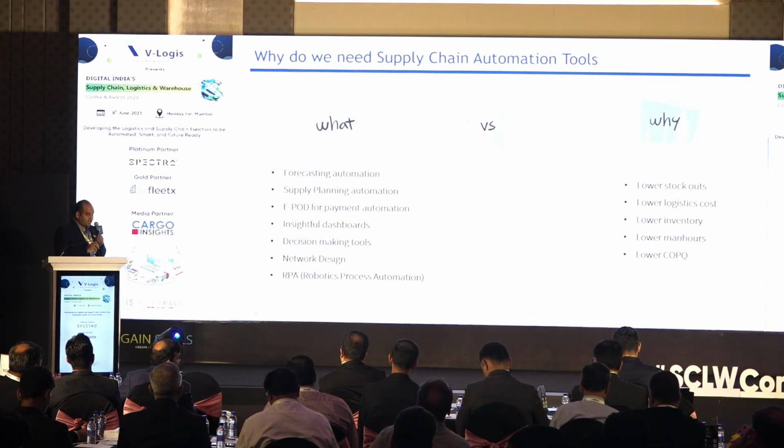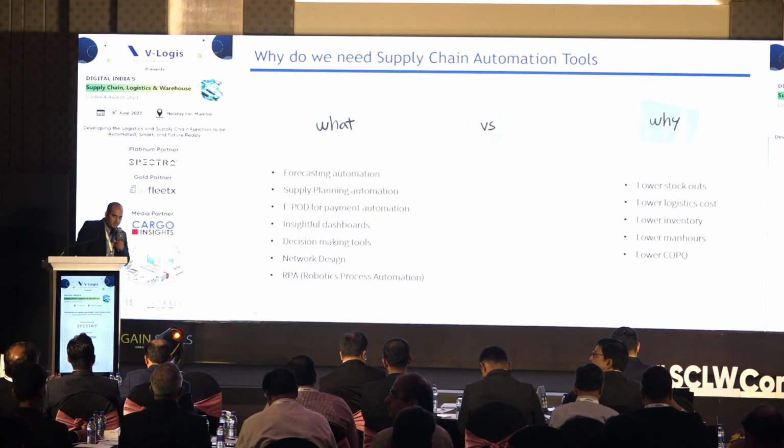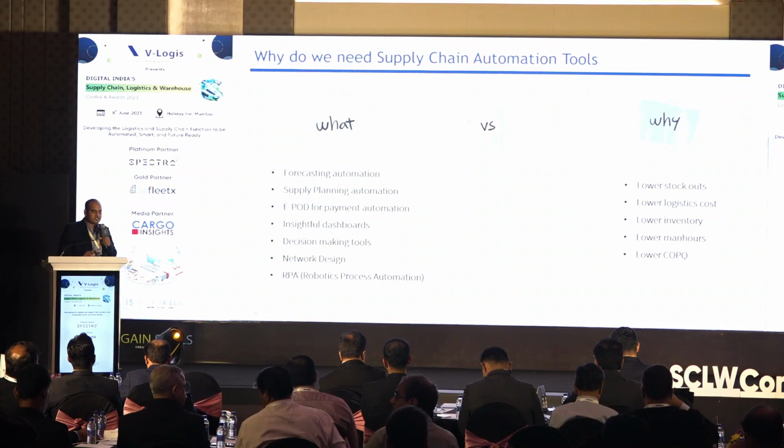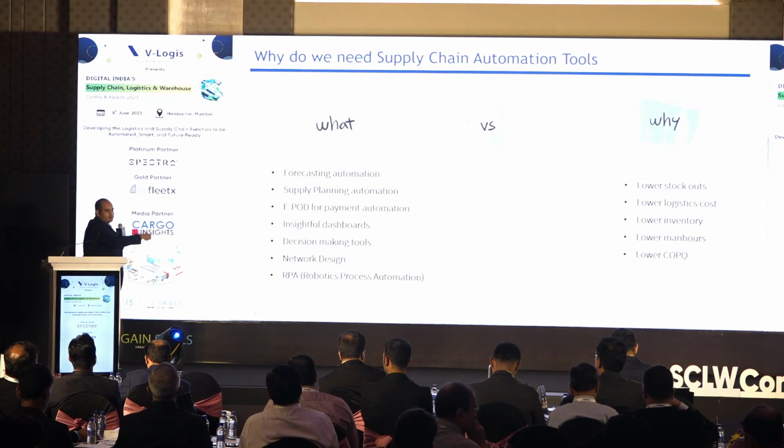The point is whether you want lower stock out, lower logistics cost, lower inventory value, lower manpower hours, or lower COPQ. That is the first question you need to ask before going into any of these things. And if that makes sense, this will automatically make sense. And that is the target which you have to achieve. So automation is a tool to get the result which is coming on the right side. And that's how you need to look at it.